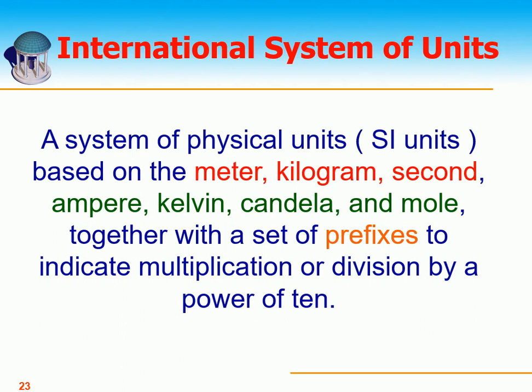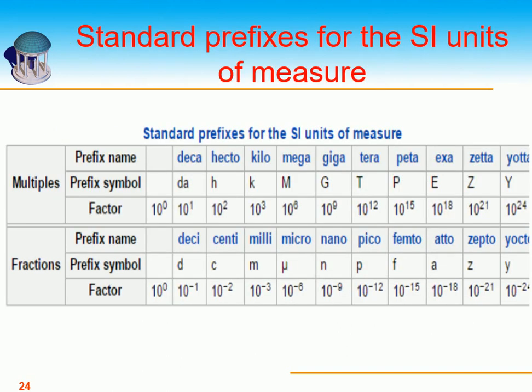Prefixes, I think you have come across these: kilo, mega, giga. Please see: deca is 10 to the power 1, hecto is 100, kilo is 10 to the power 3, mega 10 to the power 6, giga 10 to the power 9, tera 10 to the power 12, peta 10 to the power 15, exa 10 to the power 18, zeta 10 to the power 21, and yota 10 to the power 24.